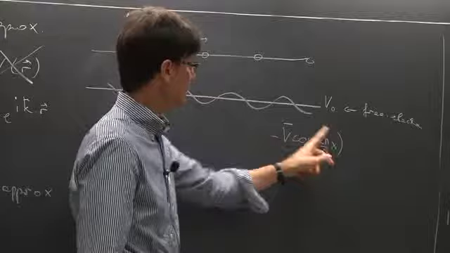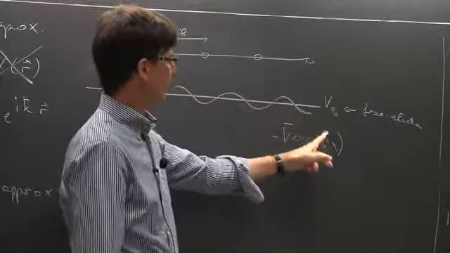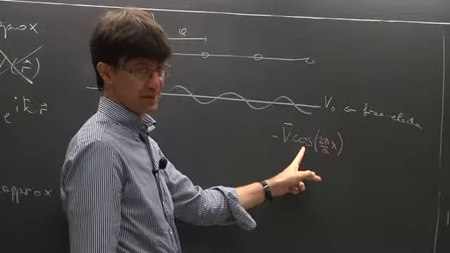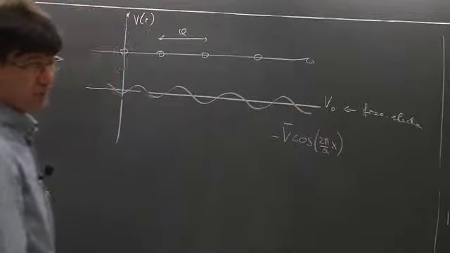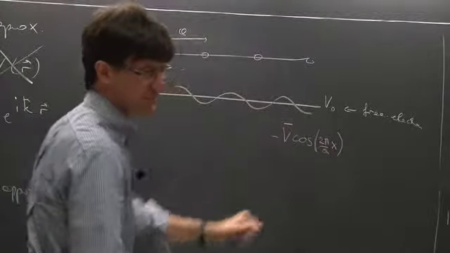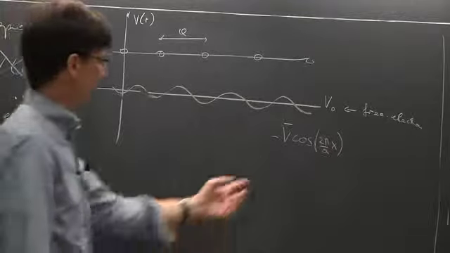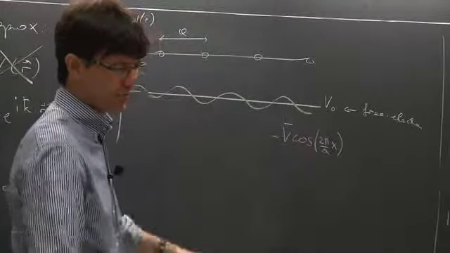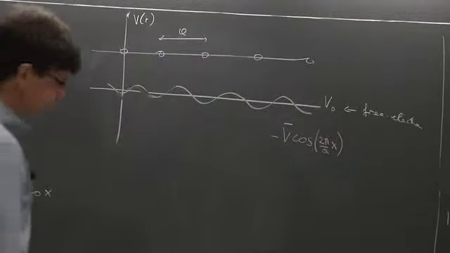So for x equals 0, a, 2a, 3a, 4a, the cosine becomes 1. And I want to make it negative at those positions, okay? So I put a minus in front. Well, assuming, of course, that V bar is positive. It would not be physically correct to say that this is a plus, right? Because otherwise I'm repelling the electrons from where the nuclei are. So from a physical point of view, this must be a minus.